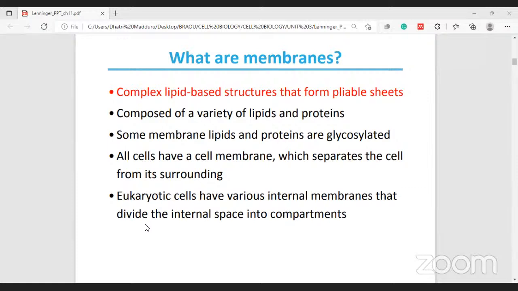Eukaryotic cells have various internal membranes that divide the internal space into compartments. That means within the cell we also have various organelles.